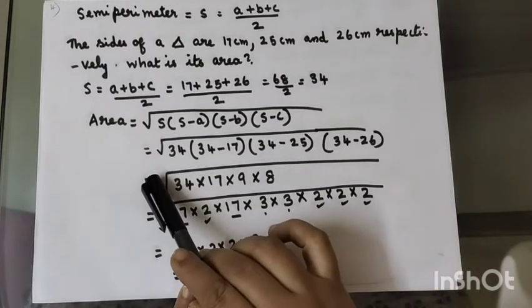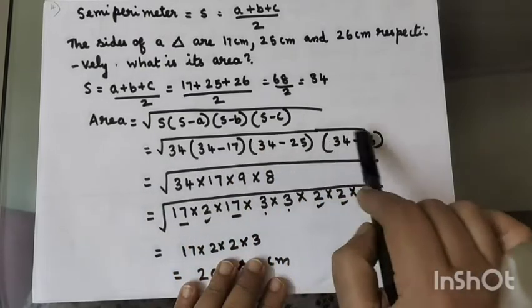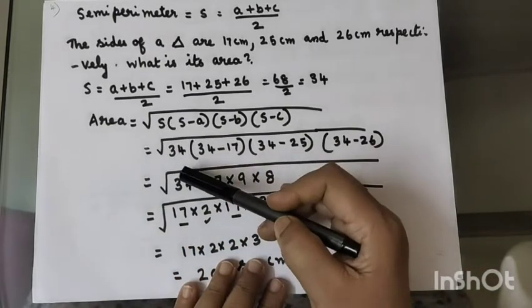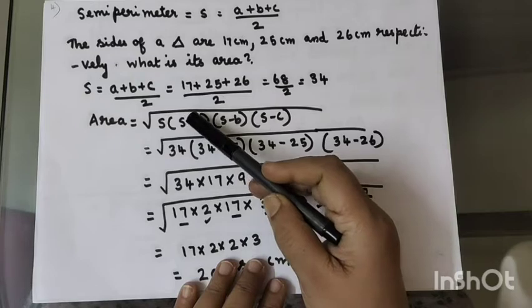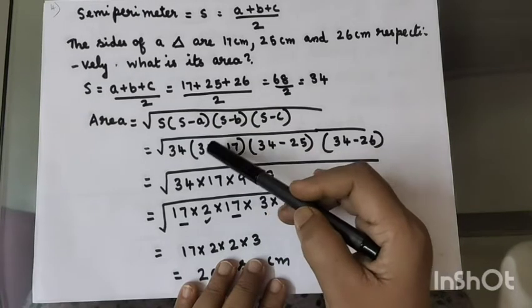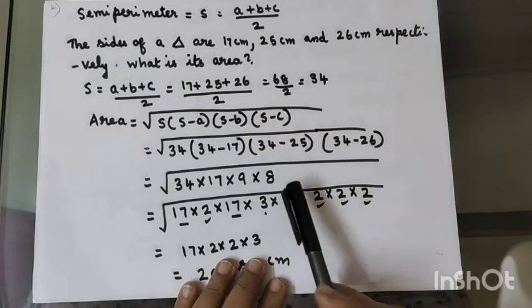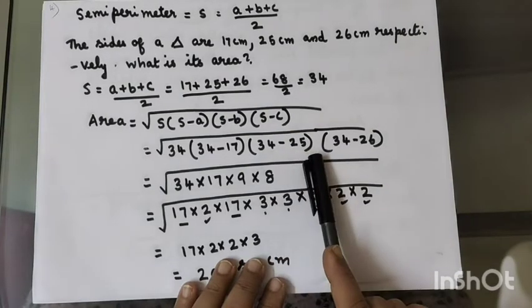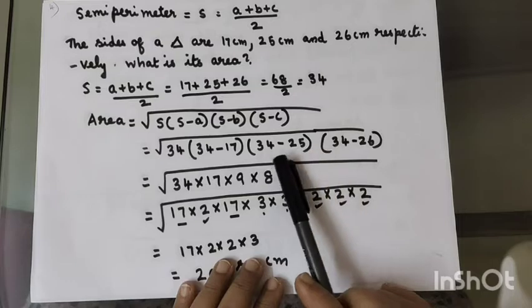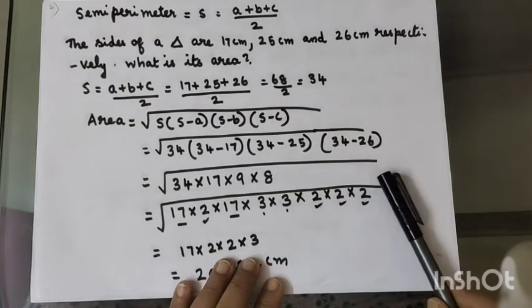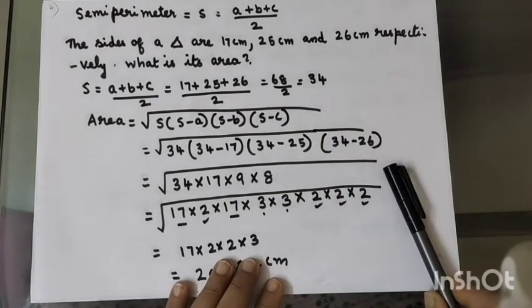That is equal to square root of, now s is equal to 34, into s minus a, 34 minus 17, into s minus b, 34 minus 25, then s minus c, 34 minus 26.